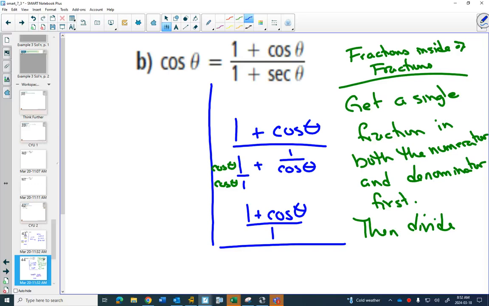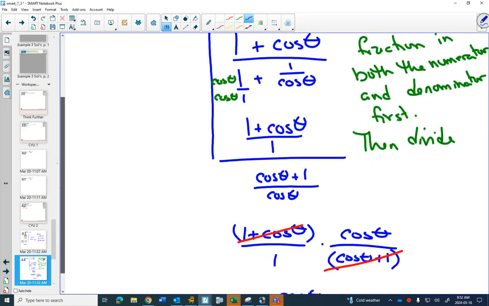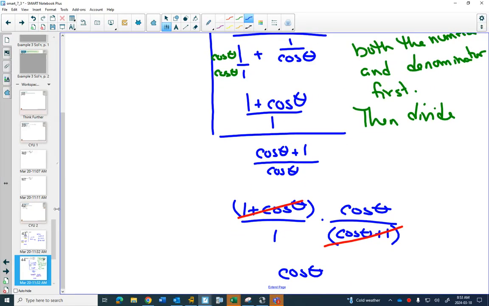So then on the bottom, I now have a common denominator of cos theta, and if I add the tops, I would have cos of theta plus 1. So now we have a single fraction in our numerator and a single fraction in our denominator. That's important because once you have a fraction over a fraction, you can flip the second one and multiply. And these factors are identical.